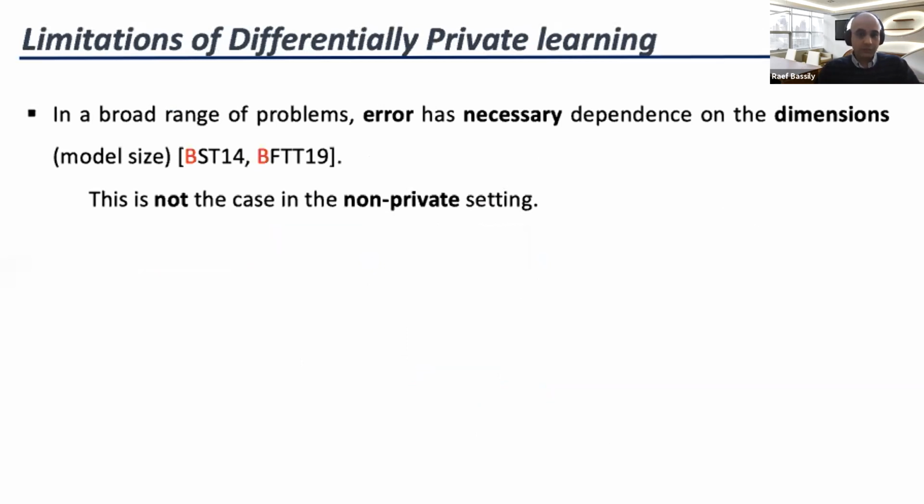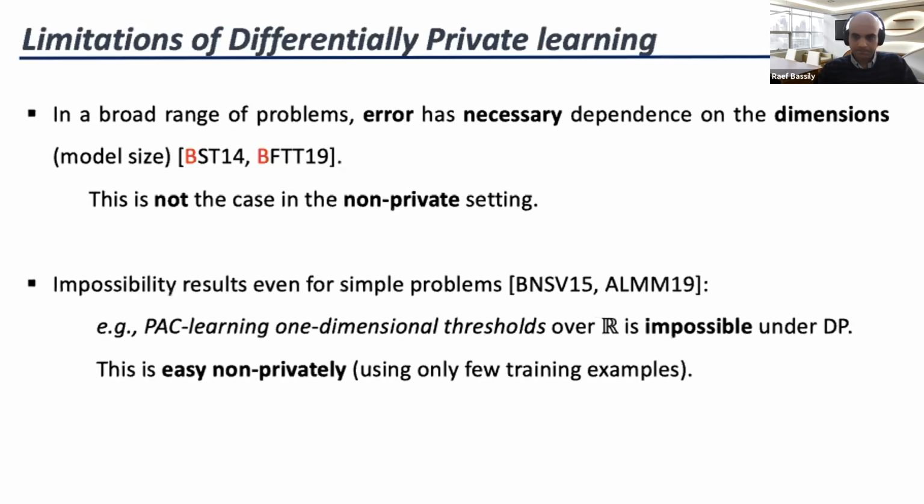This can lead to modest to even poor performance, especially in modern machine learning settings, such as deep learning. On the other hand, we know that the analogous error guarantees in the non-private setting, without any privacy constraints, are often free from such dependencies.